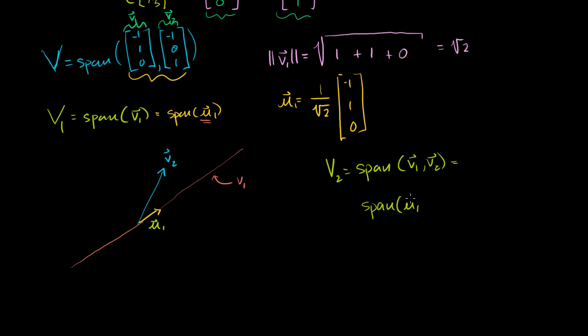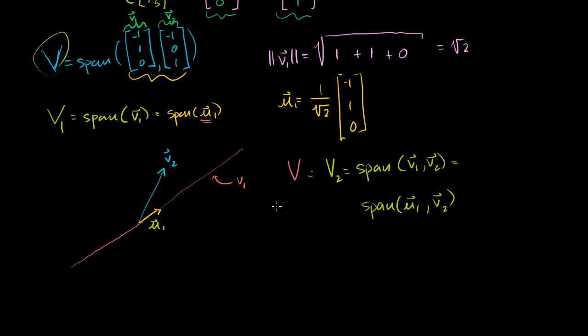So we want to see everything that can be generated by linear combinations of u1 and v2. And obviously, this thing right here is our plane that we're talking about. The span of these two guys is the whole subspace that we're talking about in this problem. So that is equal to v. So once we find an orthonormal version for this span, we're done.